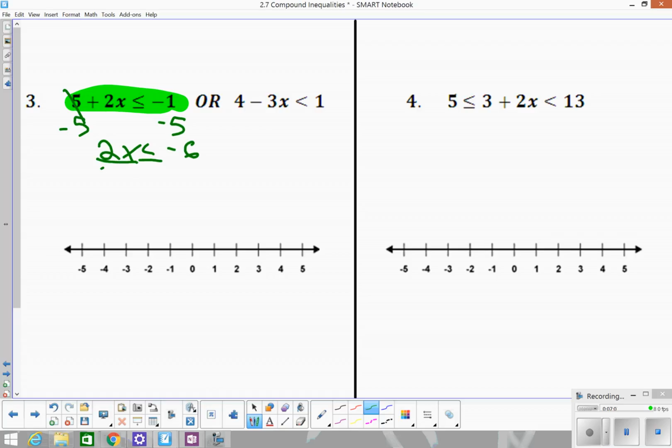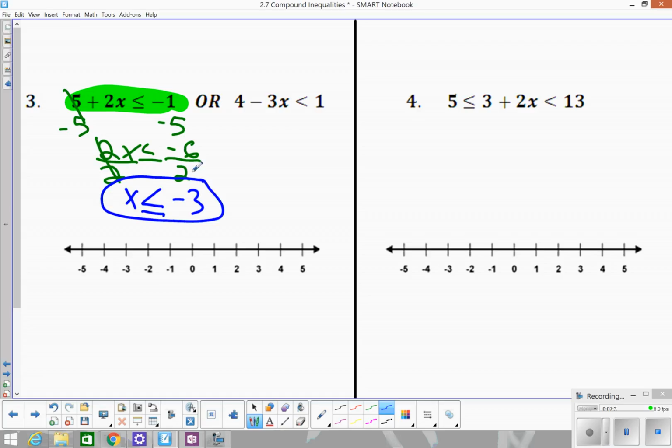Last step, divide by 2, divide by 2, and I'm left with x is less than or equal to -6 divided by 2 is -3. Now remember, you're only flipping the sign if you're dividing by a negative. If there's a negative on this side, it's okay, but the negative didn't cross that symbol, so we're not going to switch it.